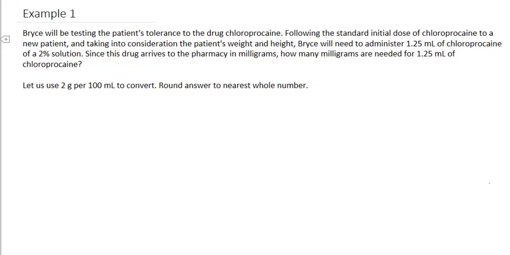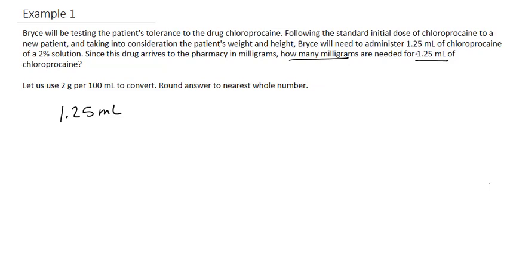So for doing this problem, let's go back to the problem and see what we are being asked. In this last sentence, we need to know how many milligrams are needed for 1.25 milliliters of chloroprocaine. So we're going to start off with 1.25 milliliters.